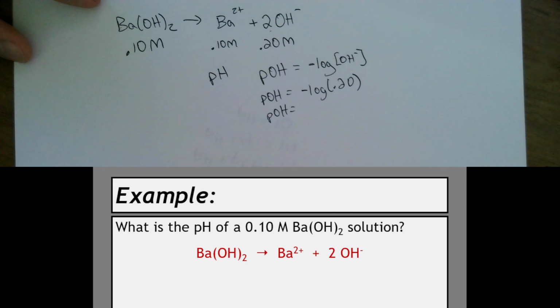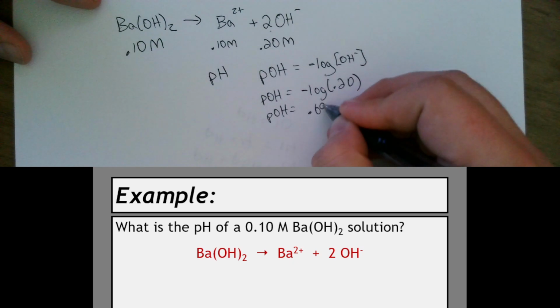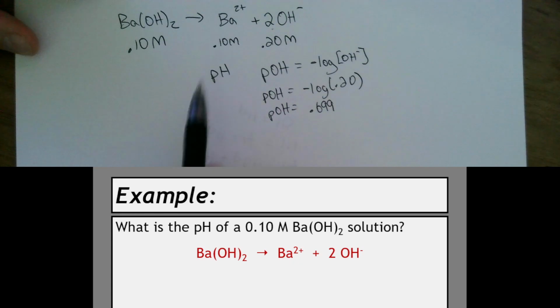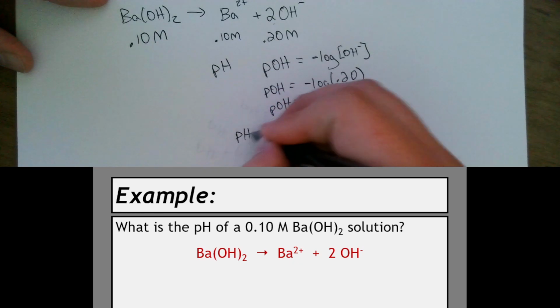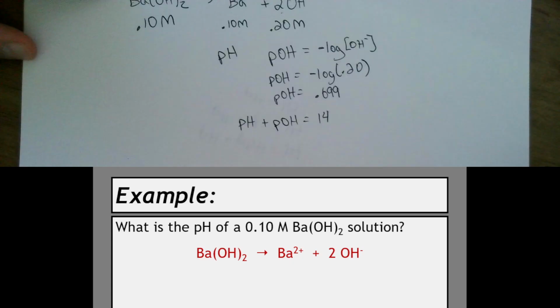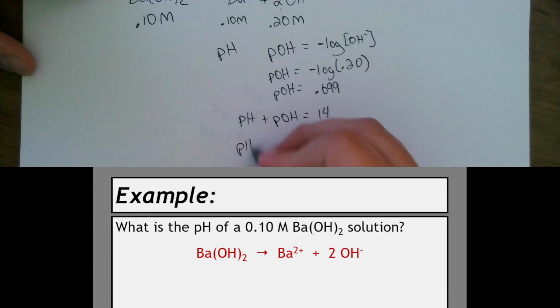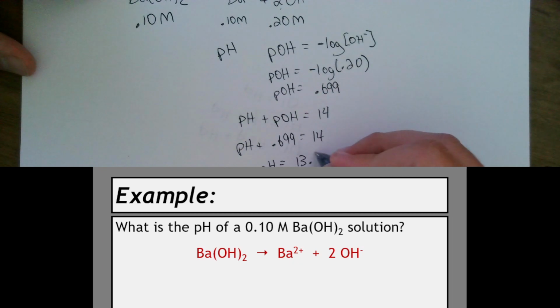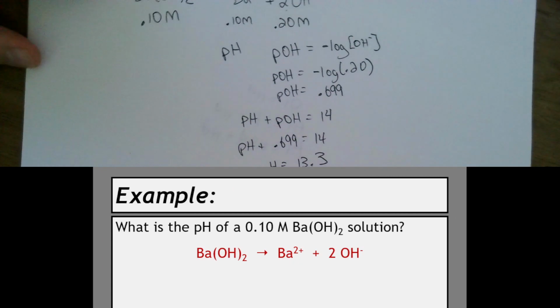You don't have to do it in your head or anything like that. I get 0.699 is my pOH. Now I can find the pH because pH plus pOH equals 14. pH plus 0.699 equals 14. So pH must equal, what's that, 13.3, something like that.